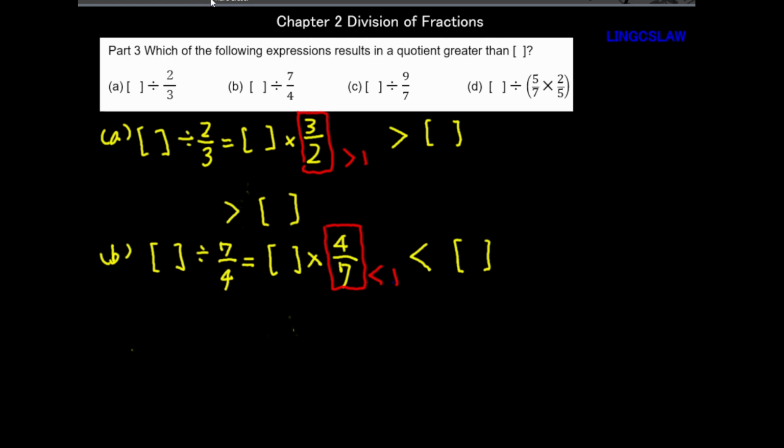C. Something divided by 9 over 7 equals something times 7 over 9, and 7 over 9 is smaller than 1.